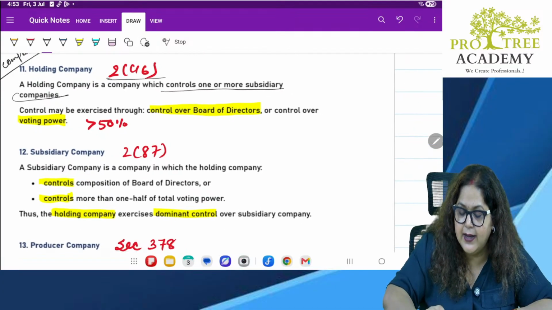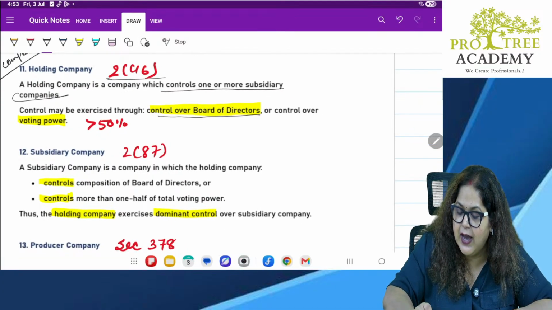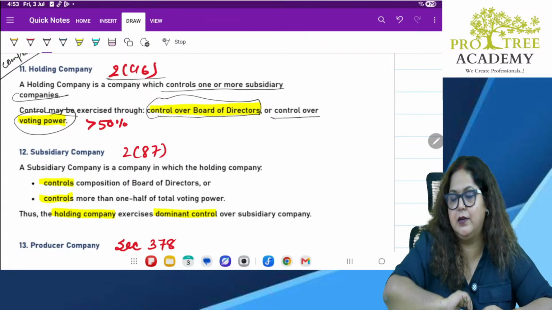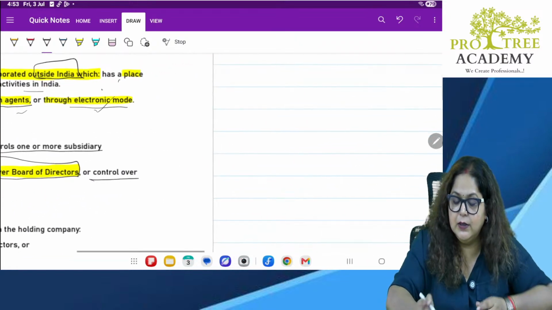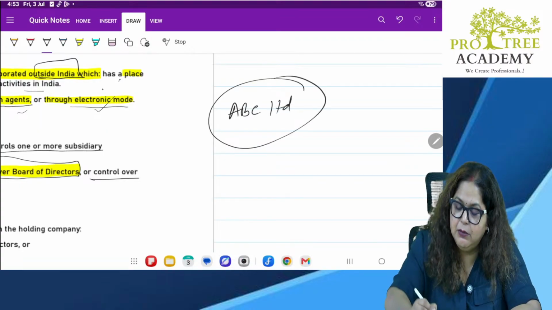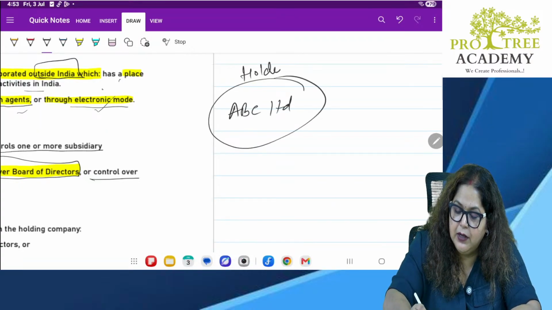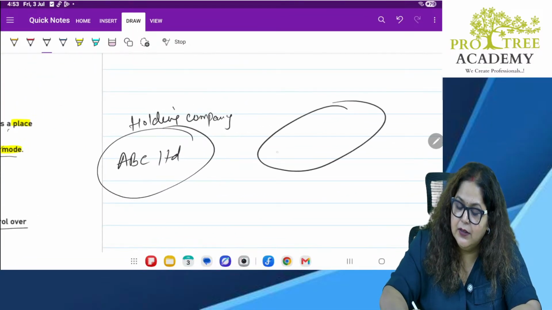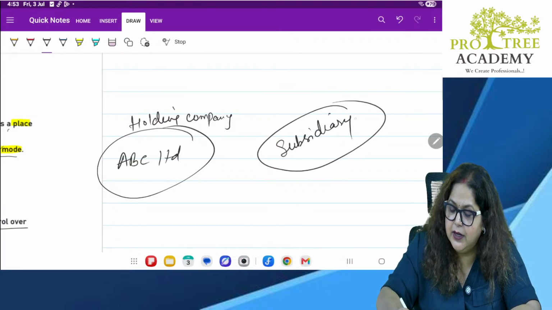Control may be exercised through control over the board of directors or control over voting power. Say suppose ABC Limited is a holding company of a subsidiary company.